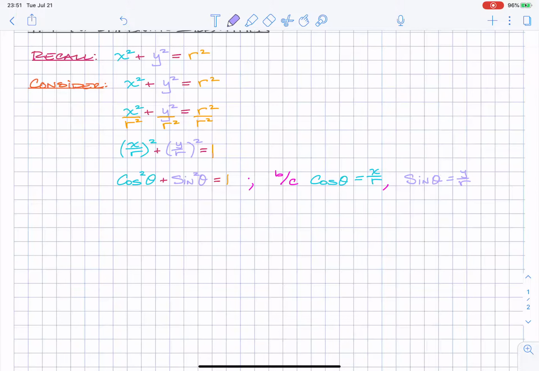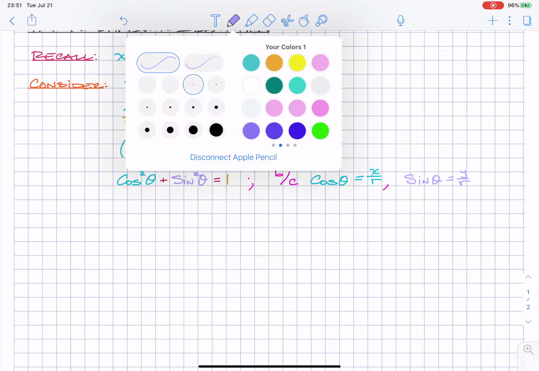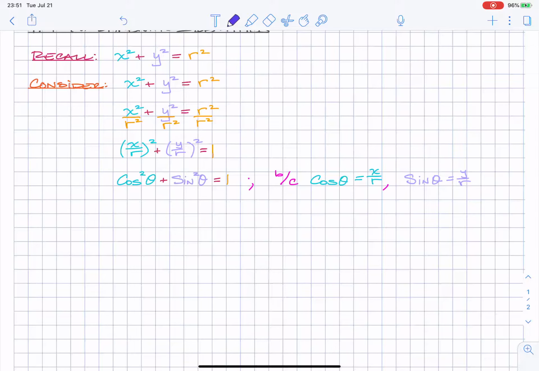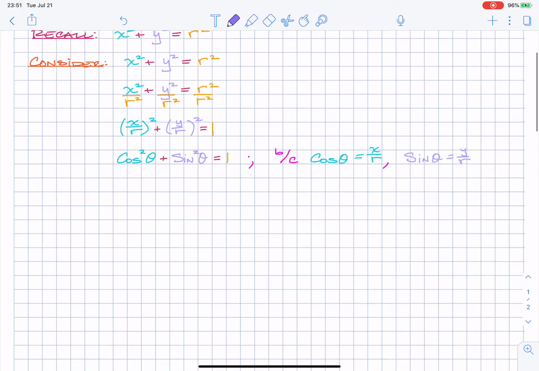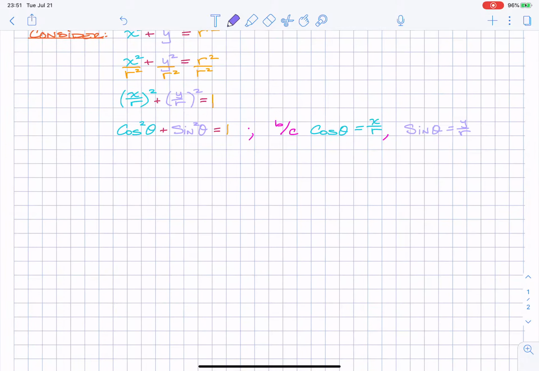Okay, so now we can finally introduce the main Pythagorean identities. These are very important. They are actually the whole course.